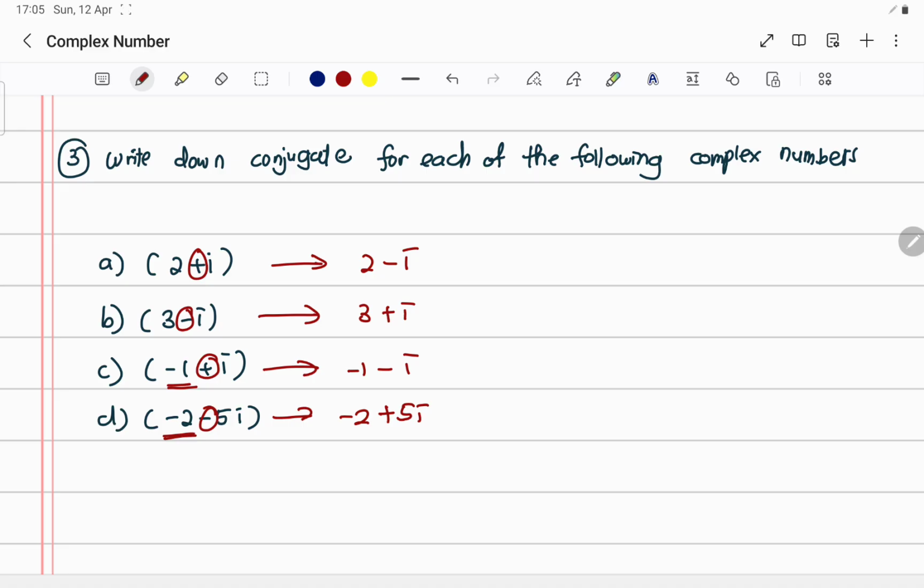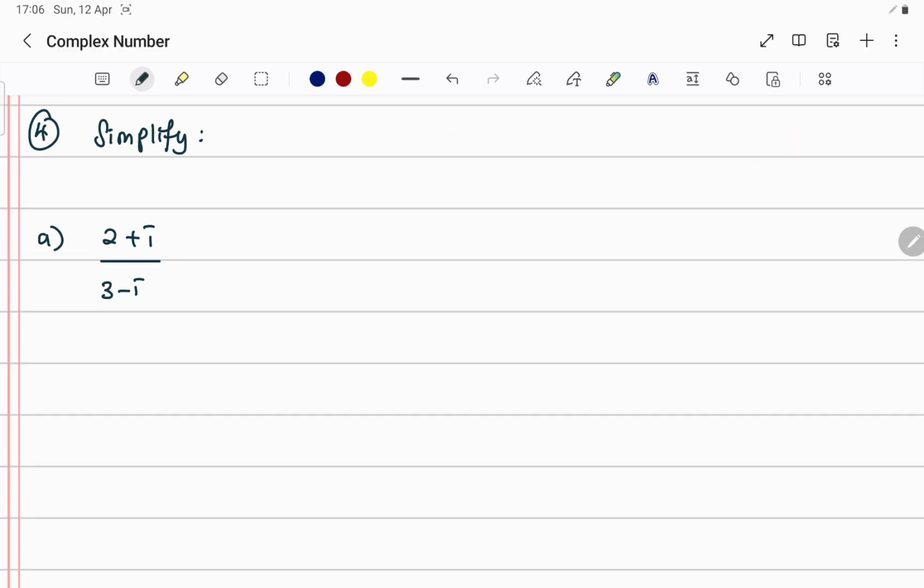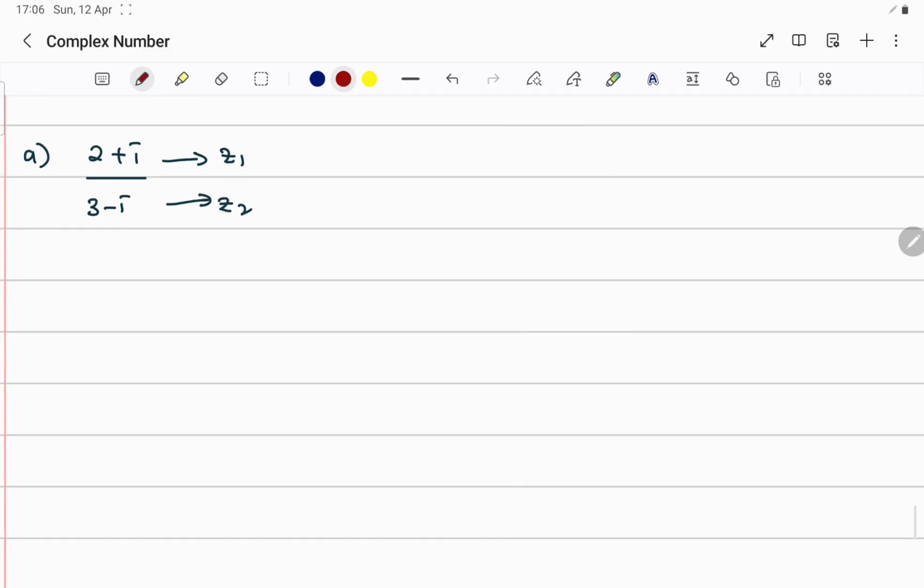Now I'll show you example question 4. For question 4, they ask us to simplify 2 plus i divided by 3 minus i. If you see here, this is in division form, so you have to use the division operation. This is your Z1, this is your Z2. When you want to solve division, Z1 divided by Z2, multiply with the conjugate of Z2 divided by the conjugate of Z2.